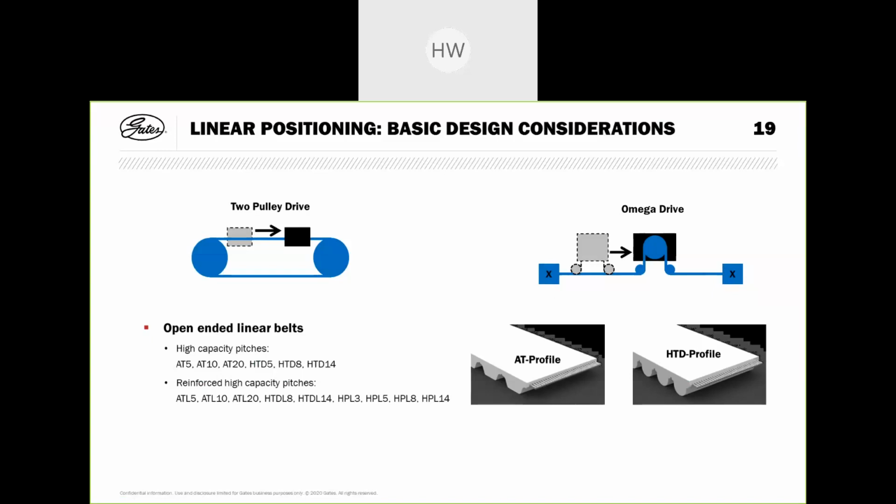Therefore, AT pitches or HDD pitches are the most common pitches in this application. And in most cases, even with reinforced steel cord, ATL or HDDL type of product. And also here we have the so-called HPL products, which have higher strength steel cord, and Gates GT profiles.